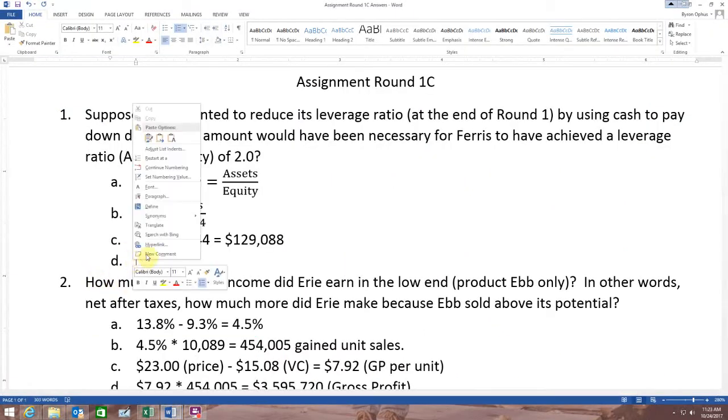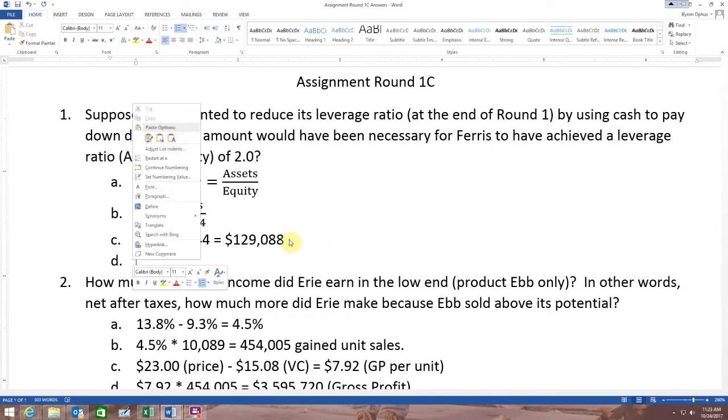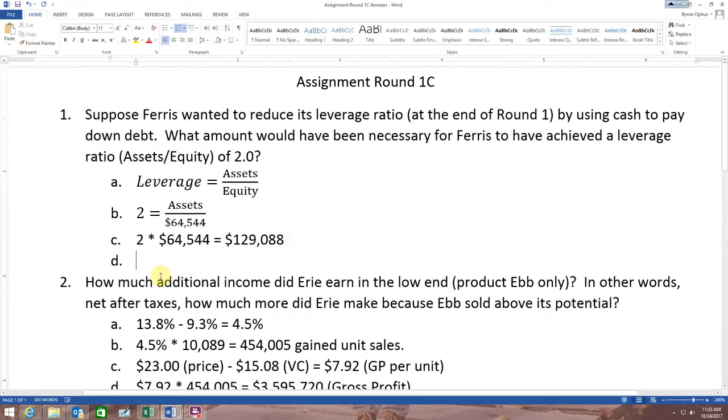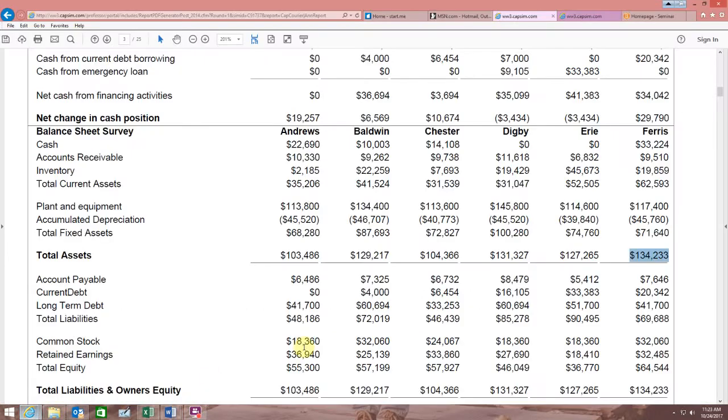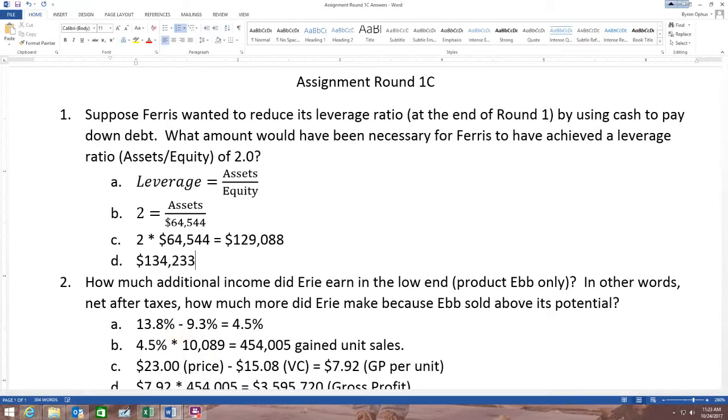So we would take 134,233 minus our 129,088, which equals, whatever that equals, about 5 million and something.